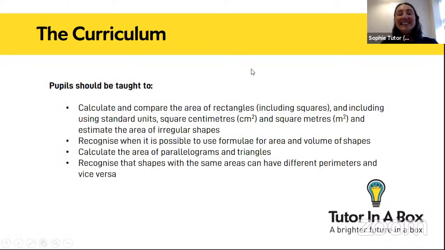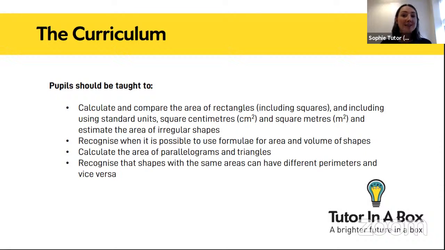Okay. So for those of you that are wondering what we're doing today, we are doing all about area. This is year 5 and 6, so upper key stage 2. We are looking at how to work out area, including using centimeters squared, meters squared, and different shapes: squares, rectangles, and maybe shapes that aren't either initially, which we have to break down.